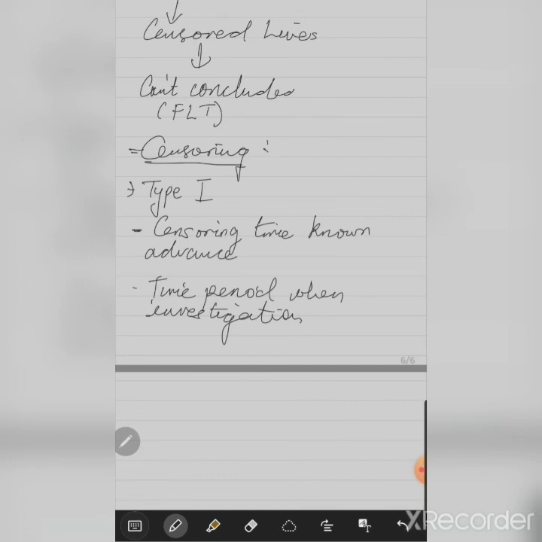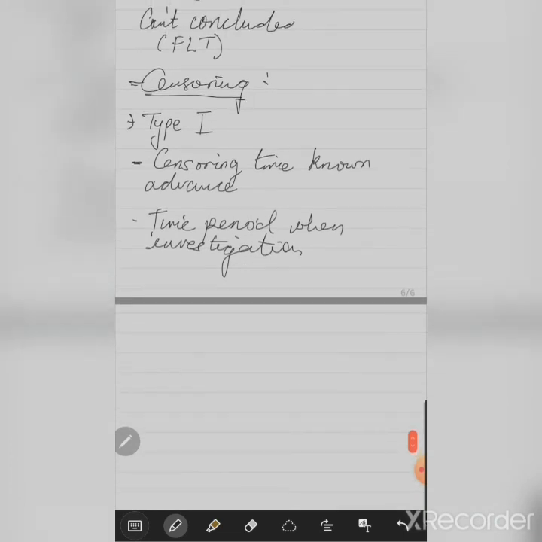But on the other side, when it's not about the censoring time but about continuing until a particular number of risks have occurred, if the investigation is done until a predefined number of risks are observed, so let's say we have 50 deaths.